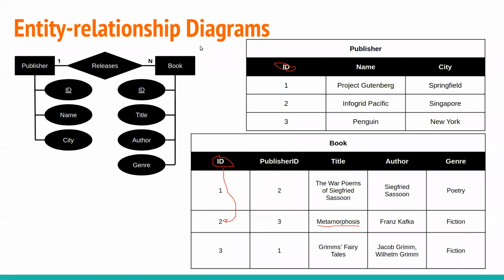Okay, so now let's do something a little bit more complicated. Let's use our relationship here. What city does the publisher of book 3 come from? Can anyone do that?